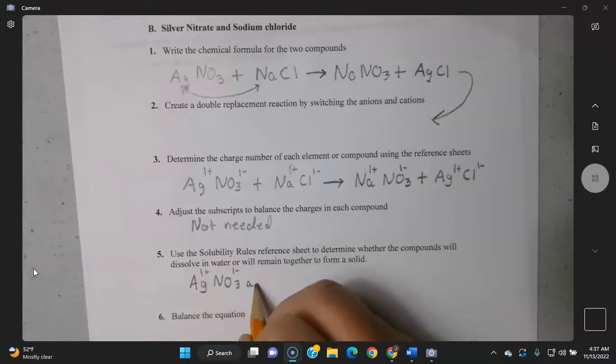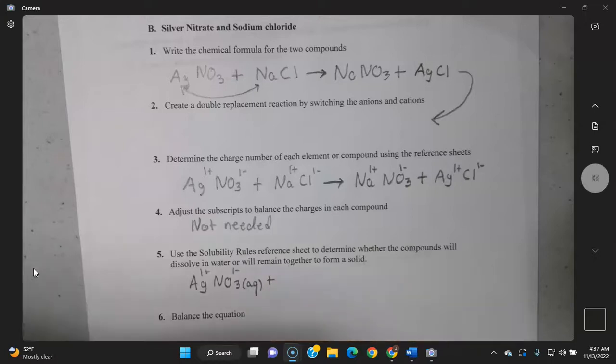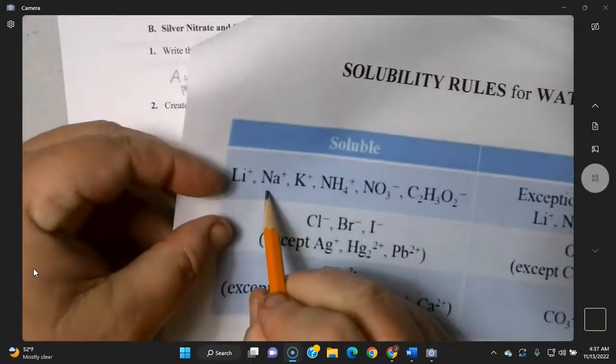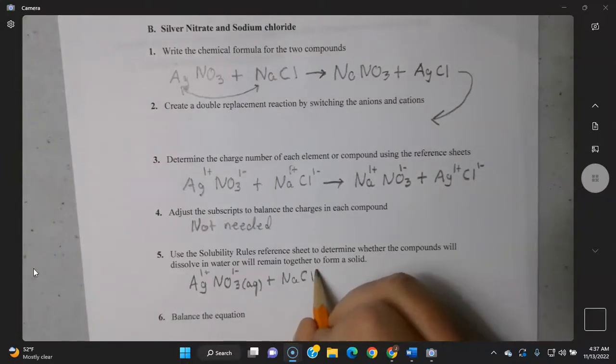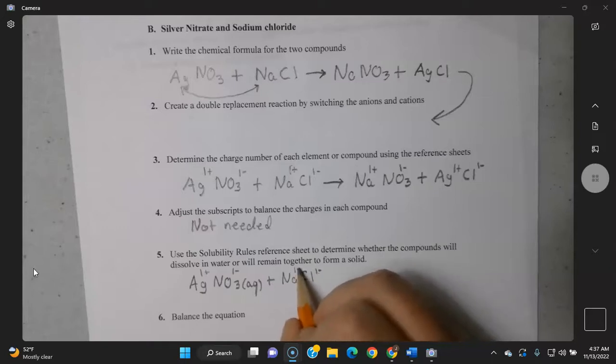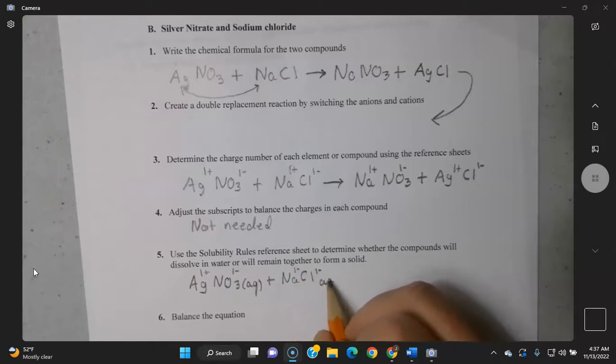It's aqueous. It means it's going to dissolve in water. NaCl, sodium, dissolves with anything. Also aqueous.